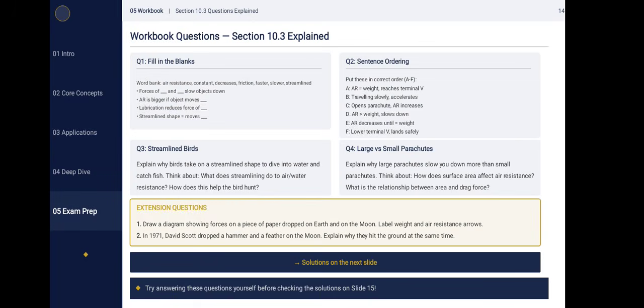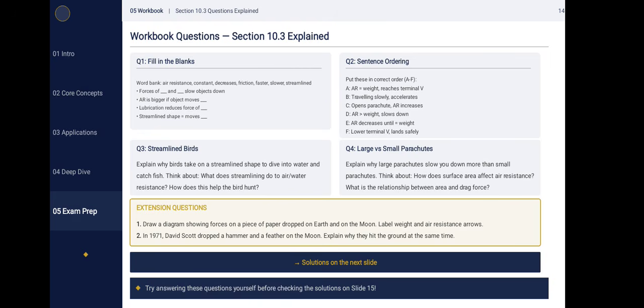Streamlining shape moves faster. The sentences below describe the forces acting on a parachutist from the moment that she jumps off the plane until she lands, but the sequence given to you is not correct. Got it?